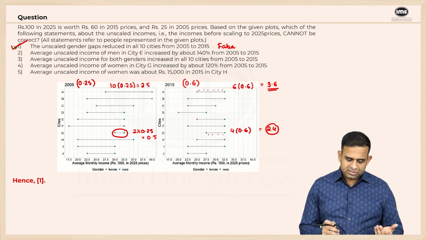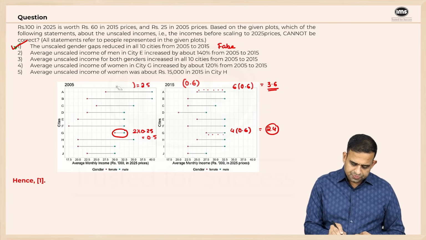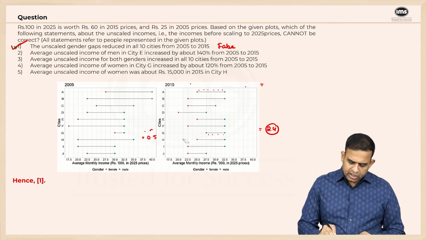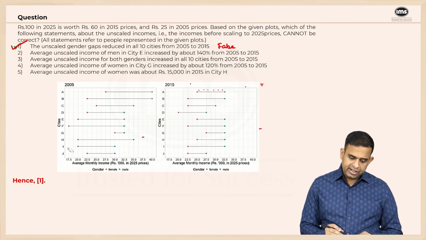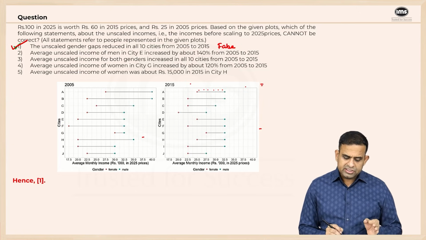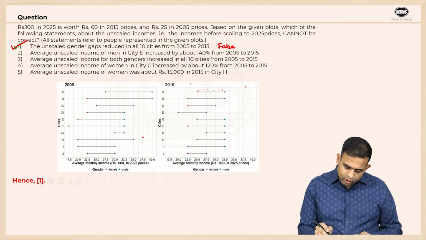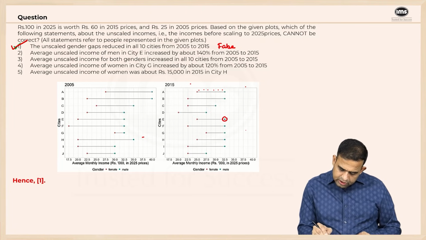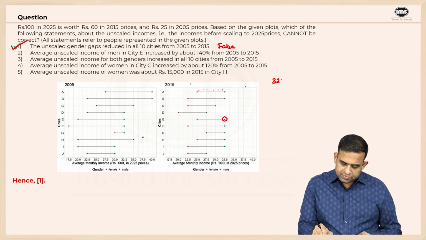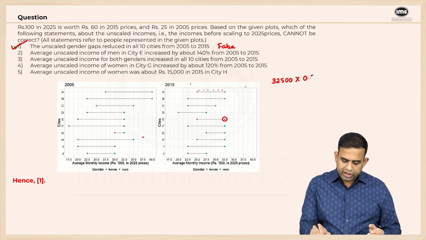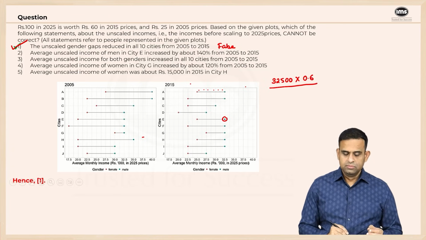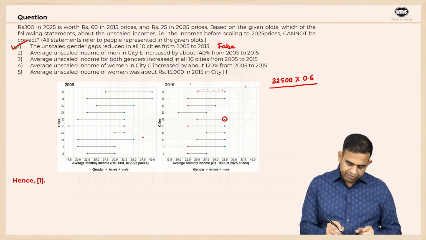Now just to, let's say, check one more option over here. Suppose, average unscaled income of men in city E increased by 140% from 2005 to 2015. Understand, if I look at the figure for 2015 for city E, this is 32.5 thousand, and the scale factor, if I look, will be 0.6. What about the 2005 value?